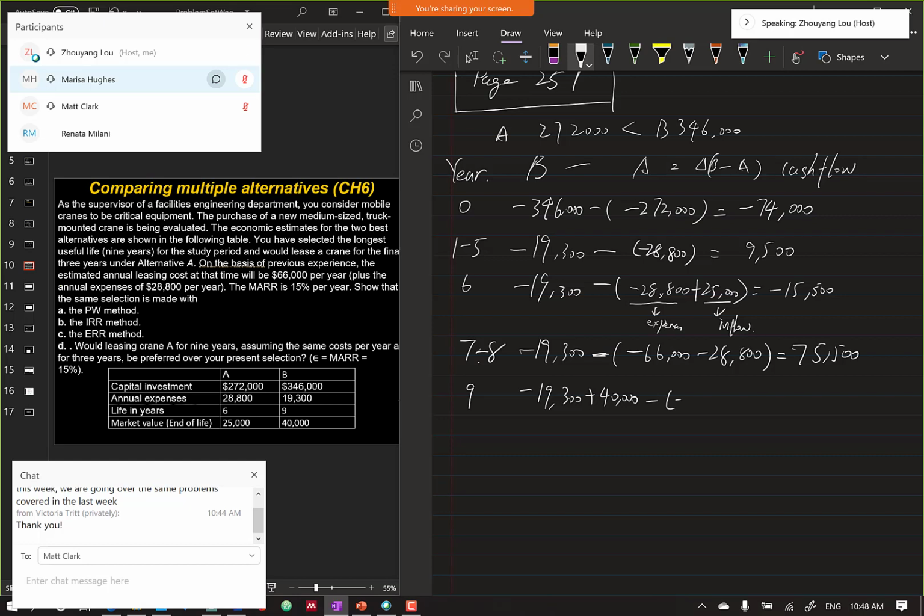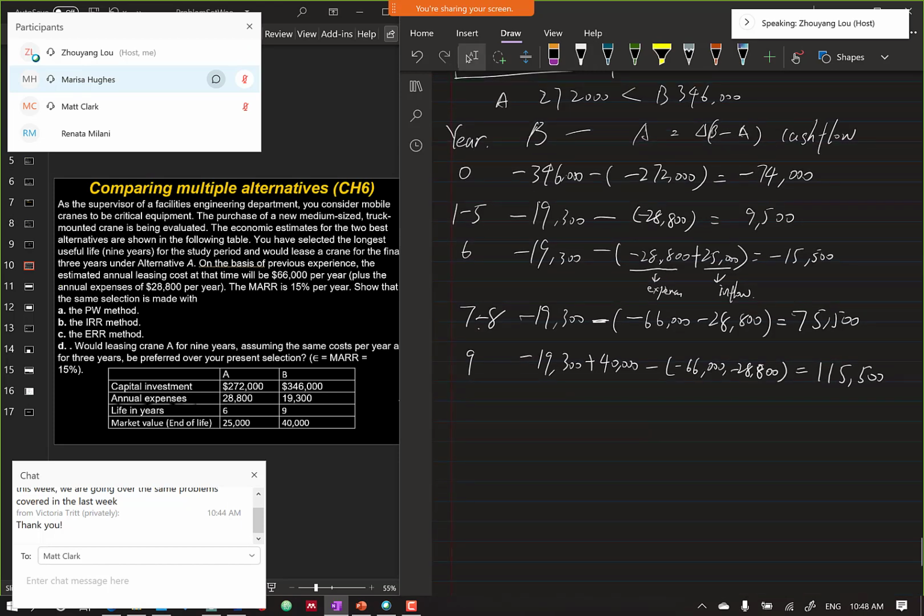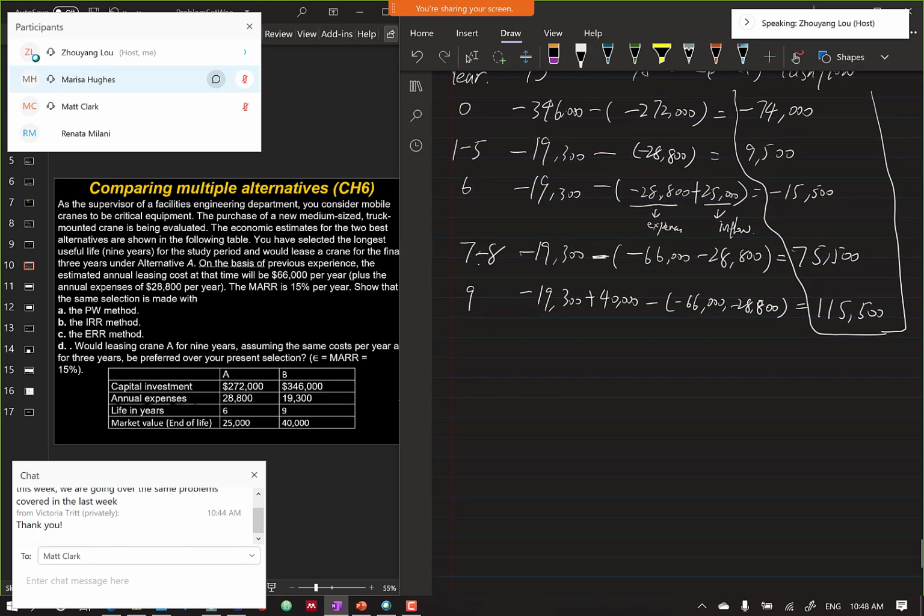So we are just subtracting these together, and we will have 115,500. Okay, so now we have these net cash flows ready for each year, and then we're good to go.